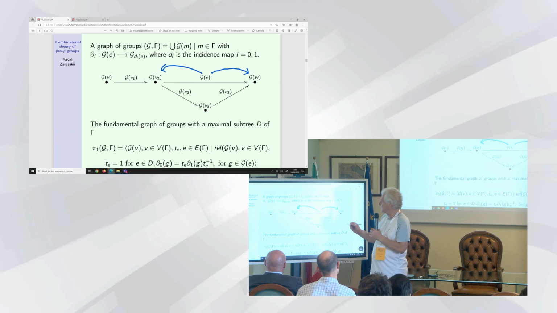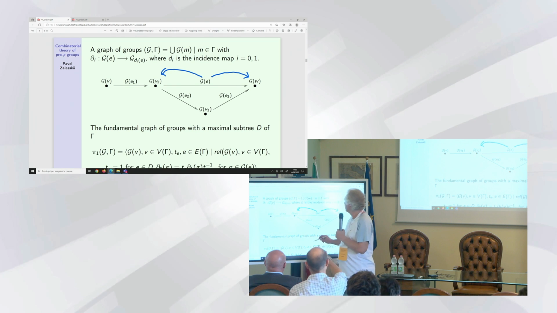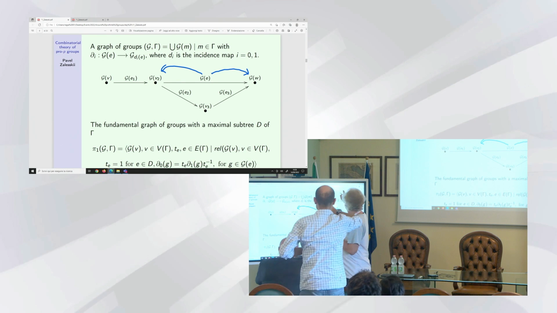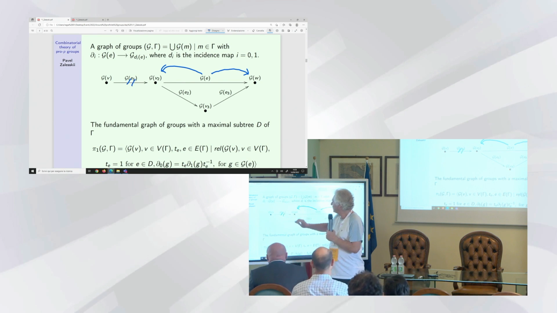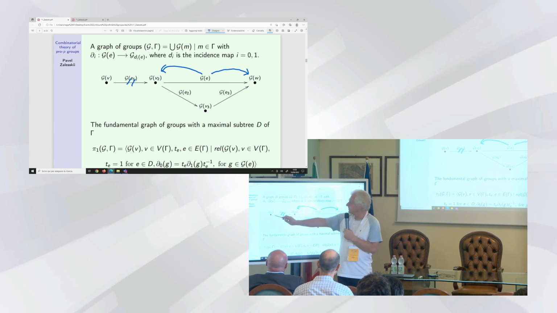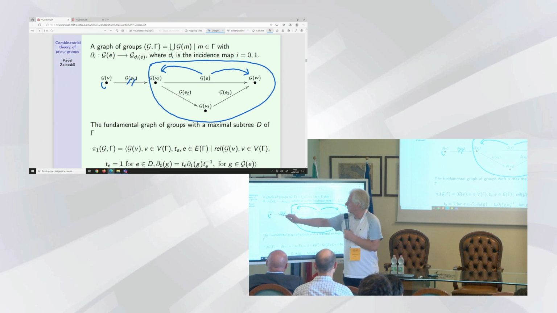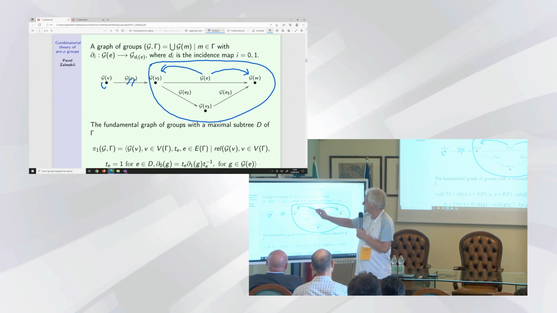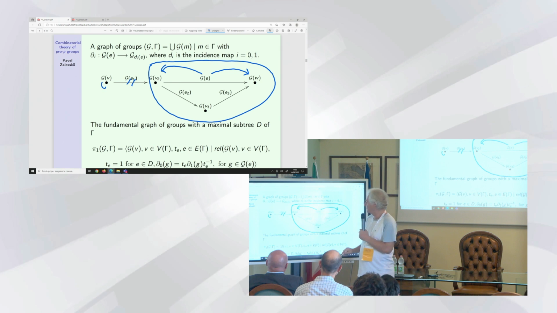For example, if we concentrate on this edge, then this fundamental group is really an amalgamated free product of this vertex group and of the whole, this guy. So we have this group, the fundamental group of this graph, and then we have the free product with amalgamation of these two groups, amalgamated over this edge group.